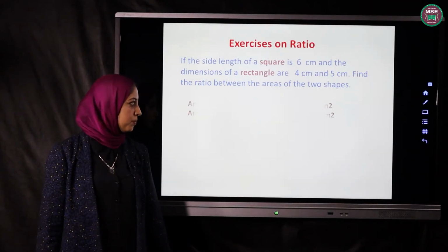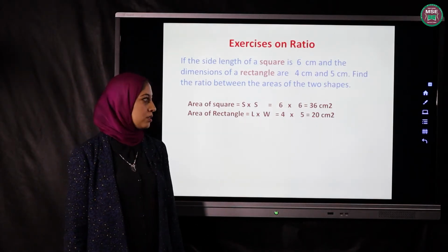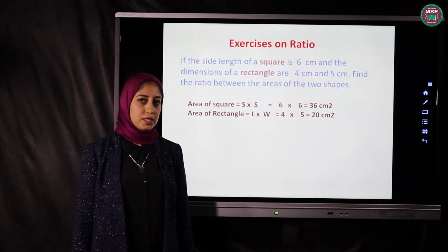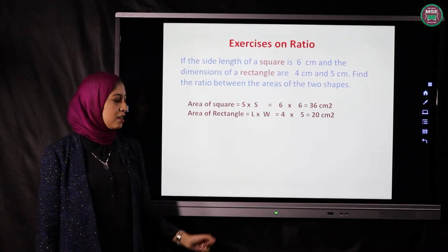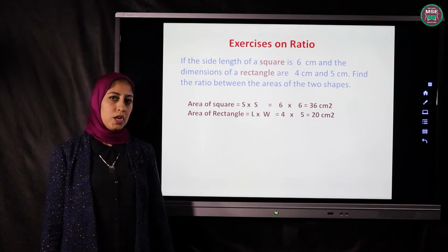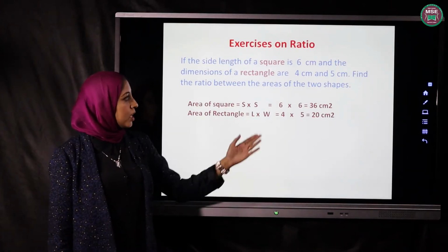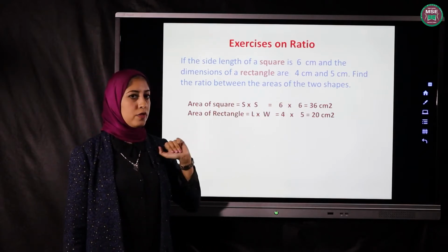Let's solve first. Let's find the area. Area of square equals side times side equals 6 times 6 equals 36 centimeters square. Area of rectangle equals length times width equals 4 times 5 equals 20 centimeters square. Okay, he wants the ratio between the areas of the two shapes.